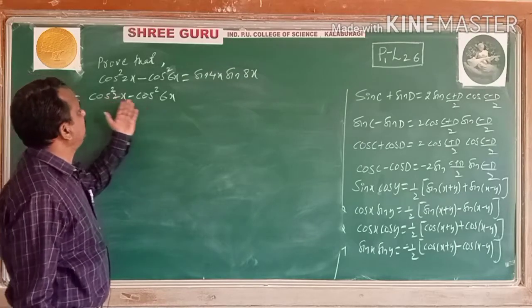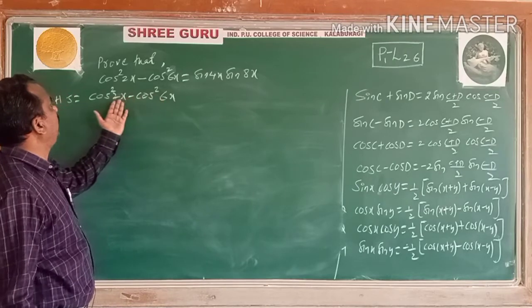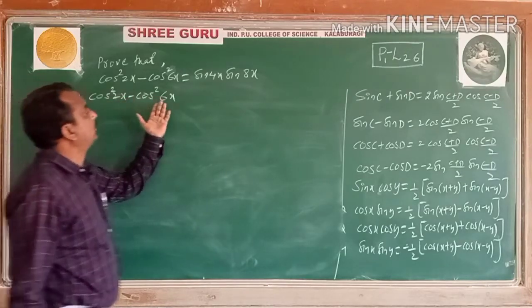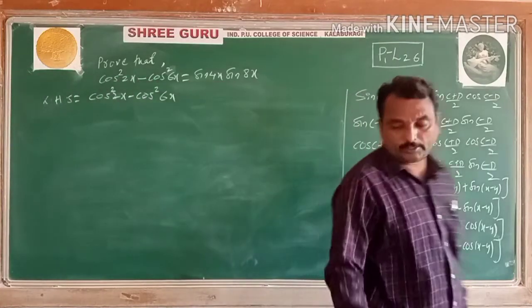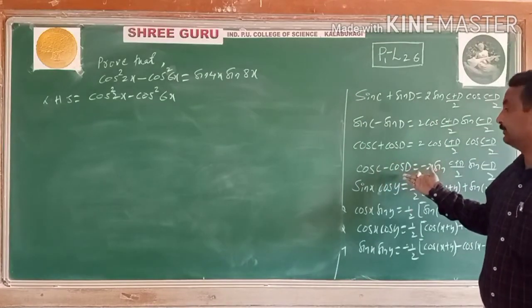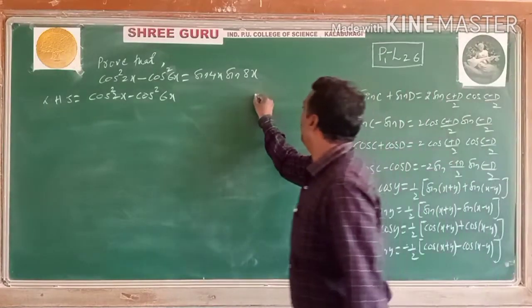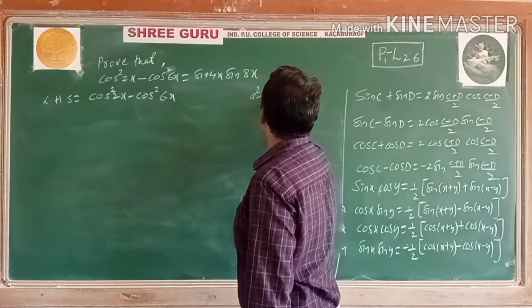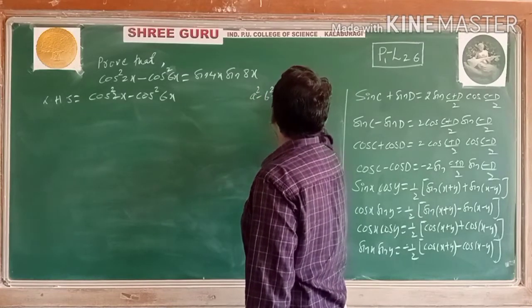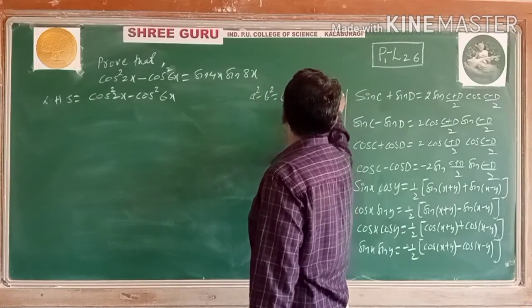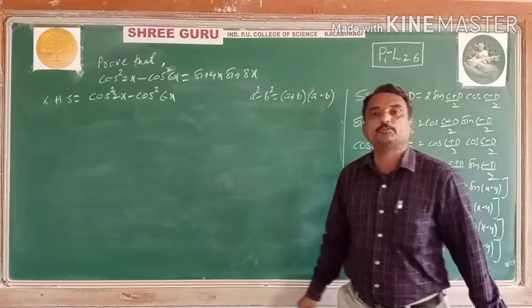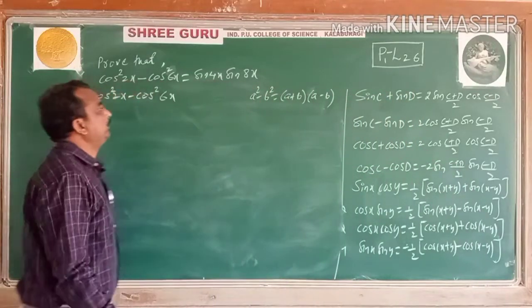Cos square c minus cos square d. You don't have it in terms of squares, so again applying the algebraic formula, a square minus b square is equal to a plus b into a minus b.